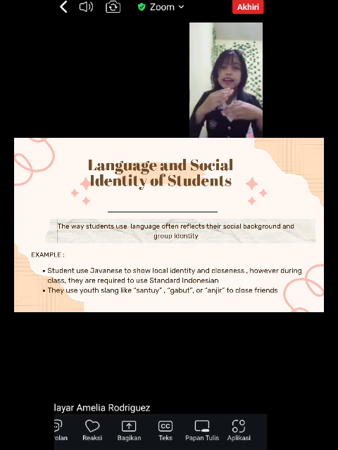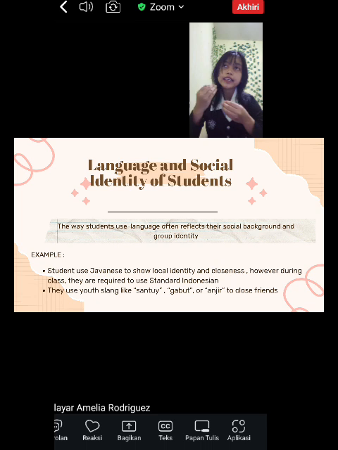Language and social identity of students. Language is very closely tied to a student's identity. Language is a powerful marker of someone's identity. The way students speak may reflect their social background, their cultural heritage, and peer group memberships.